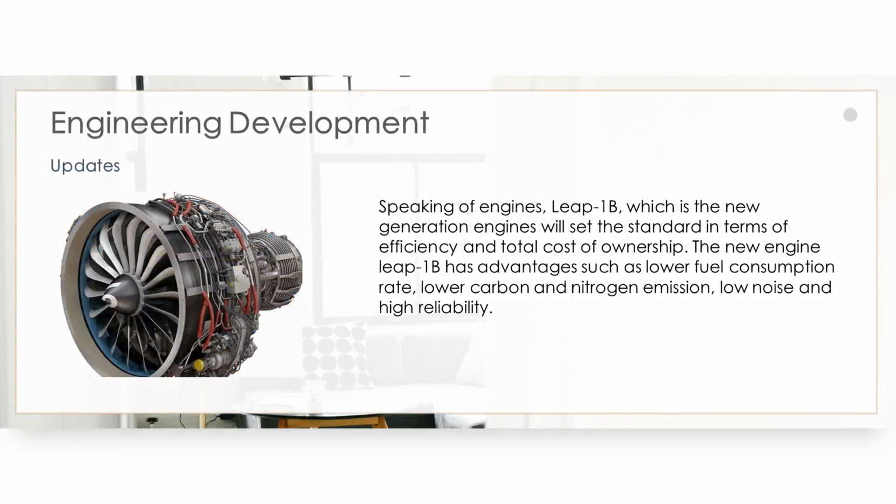The new engine LEAP 1B has advantages such as lower fuel consumption rate, lower carbon and nitrogen emissions, which are good for our environment and the atmosphere. Also lower noise, which is more comfortable for the passengers sitting inside, and high reliability.